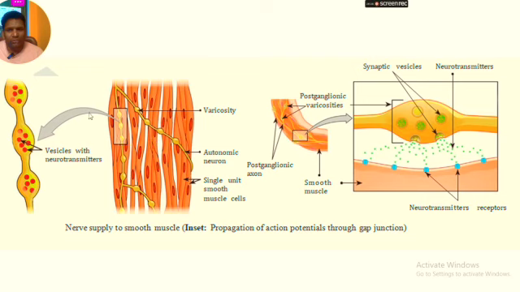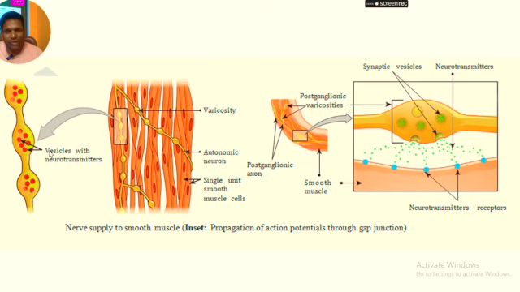So you see the nerve supply to the muscle cells here. When you carefully observe inside the neurons, they have vesicles with a neurotransmitter. The nerve with many vesicles is called a varicosity, which is autonomic in function.